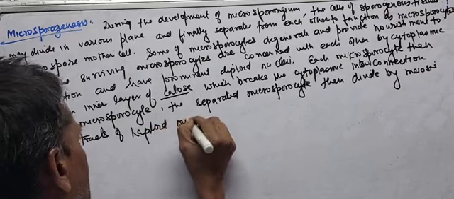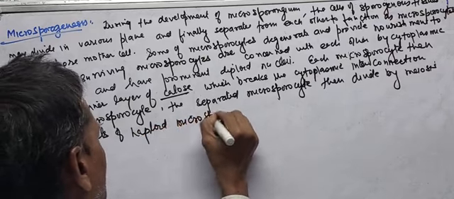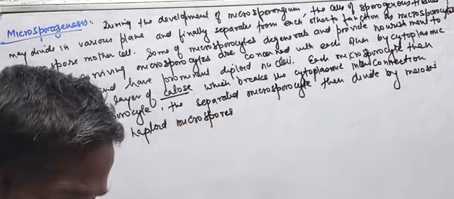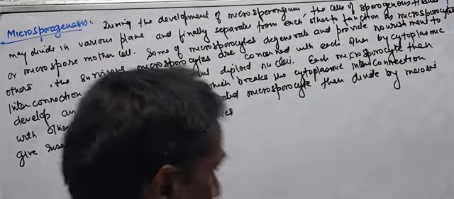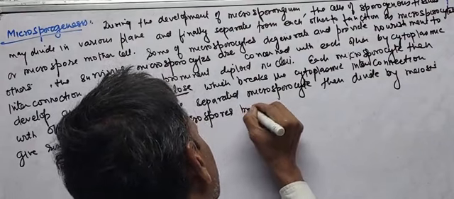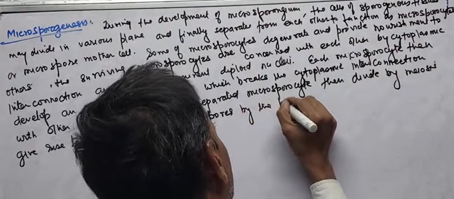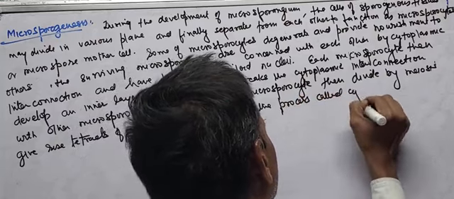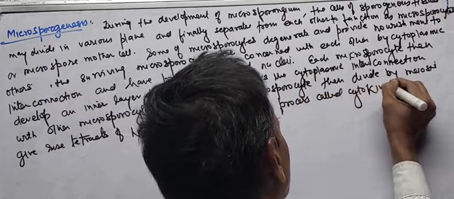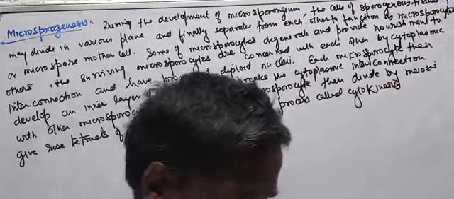Haploid microspores form by the process called cytokinesis.